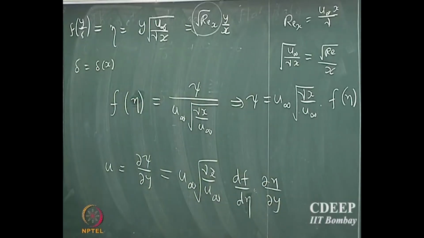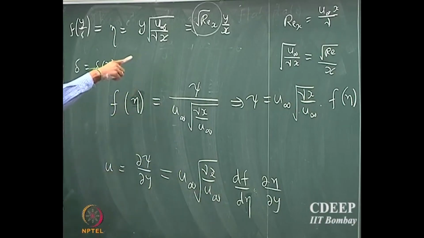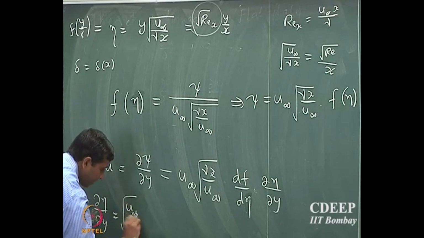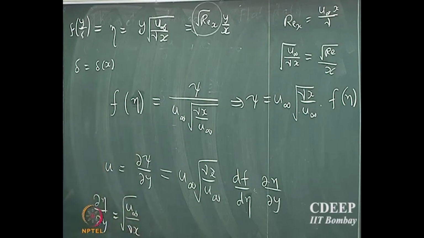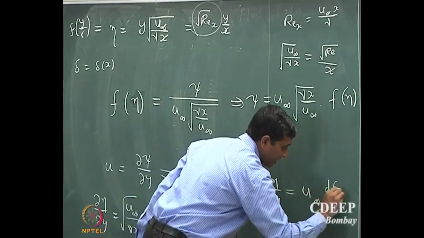So all I have done is simply use the chain rule, and d eta by dy you can get from here, that is the square root of u infinity by nu into x. So I can substitute that here, so that will be u infinity into df by d eta.